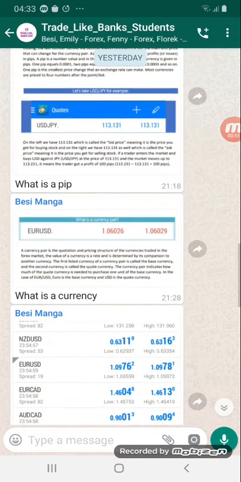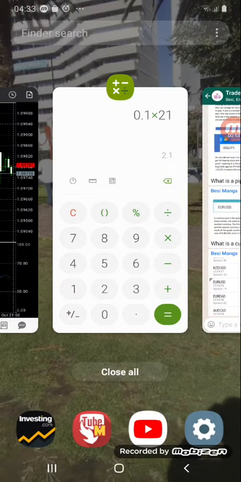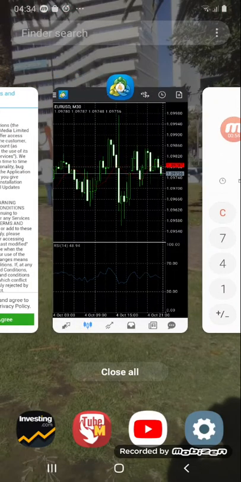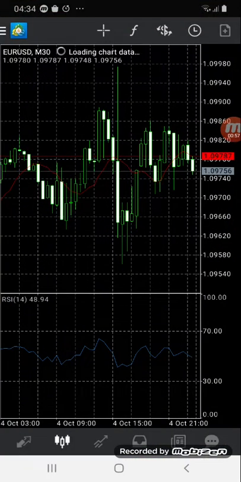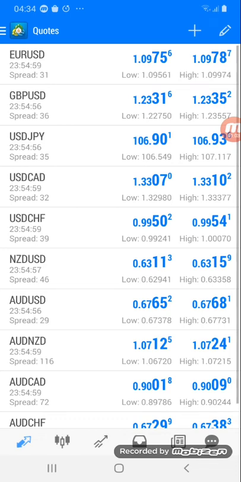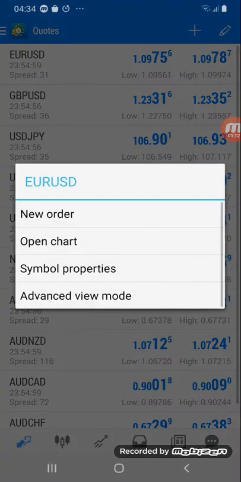Let me just get right into practicals here. If you open your MetaTrader 4, any currency pair, you see there are a lot of currency pairs here, but the most traded currency pair is the Euro USD.